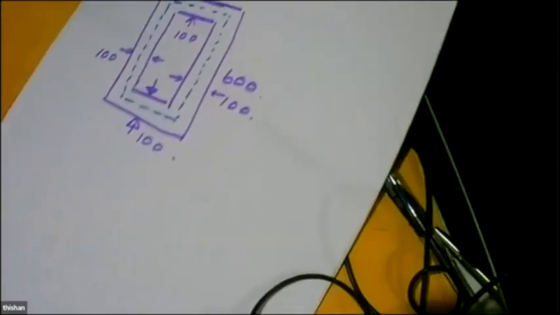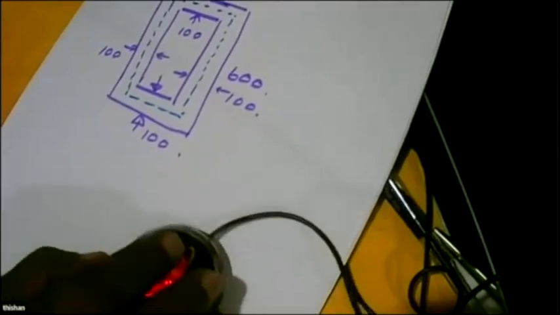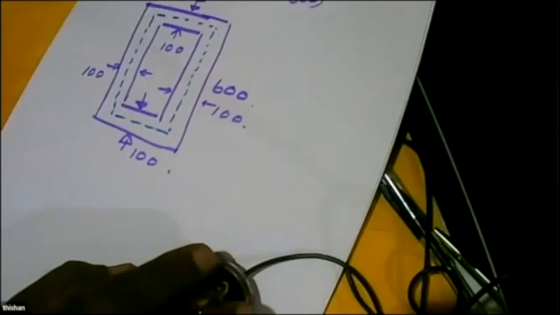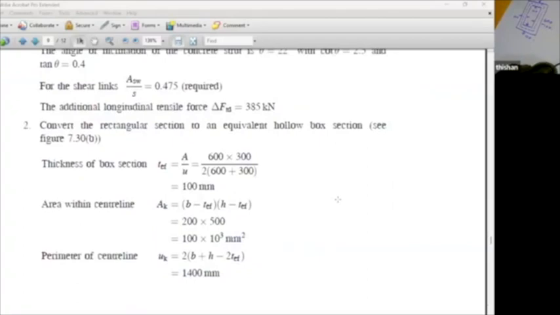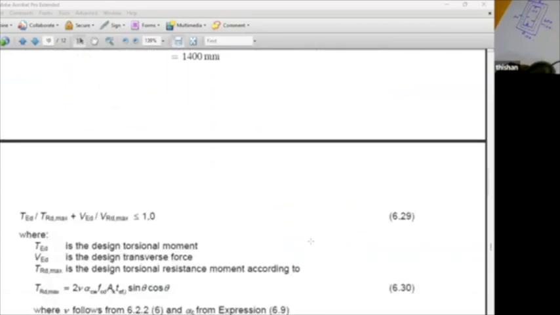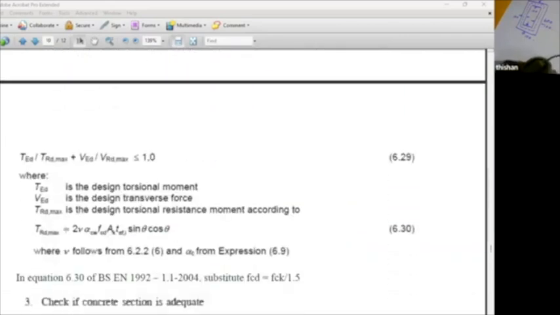Now we have to see. So I'll share the screen again. Okay, so now we know the size. Then if you look at the equations for TRd,max, we have Ak and TEd.